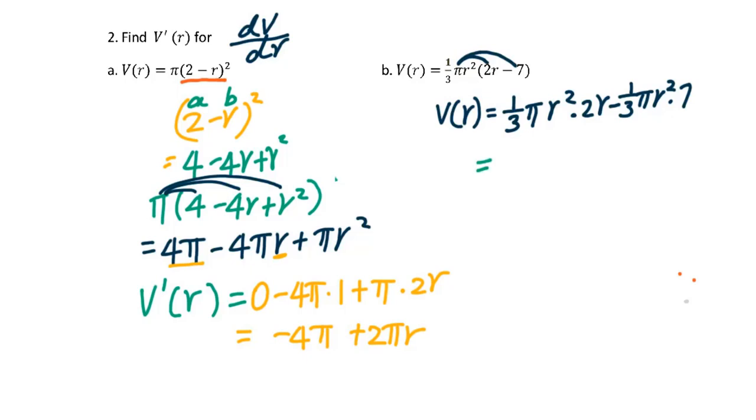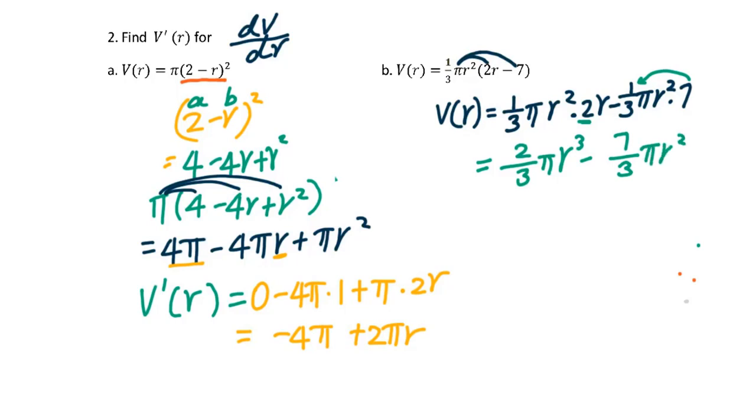So these two go to the numerator. That's how you get 2 over 3 pi r to the third power minus 7. I go to the numerator, we do multiplication. So 7 over 3 pi r squared.